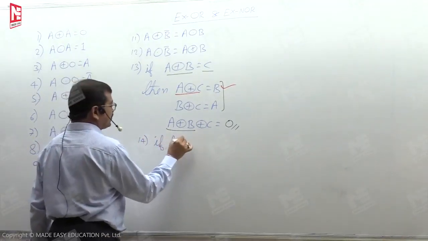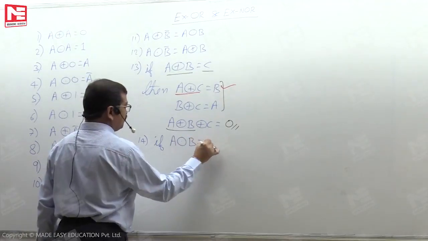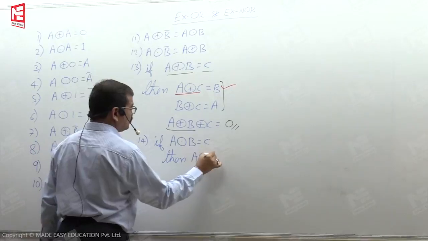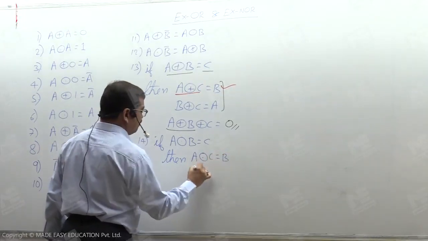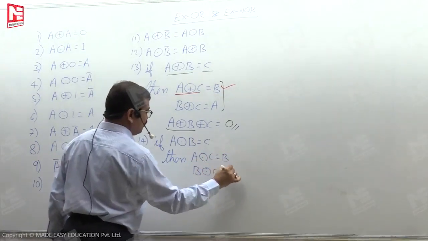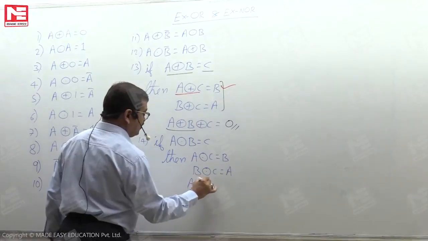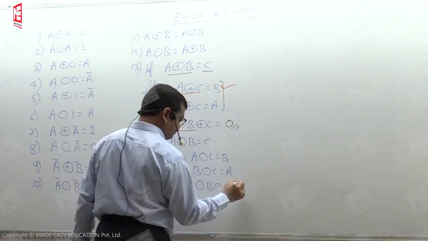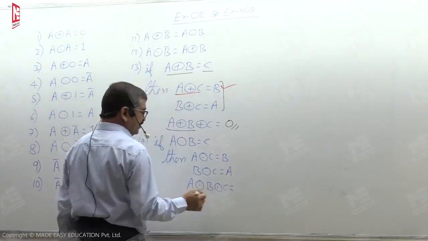If A exclusive nor B is equal to C, then A exclusive nor C is equal to B, and B exclusive nor C is equal to A. A exclusive nor B exclusive nor C will be equal to 1, you can try.